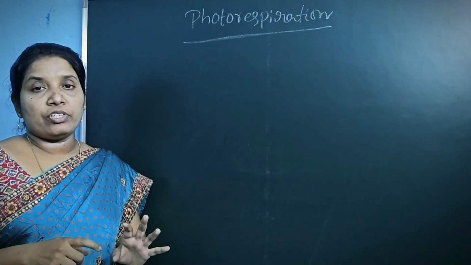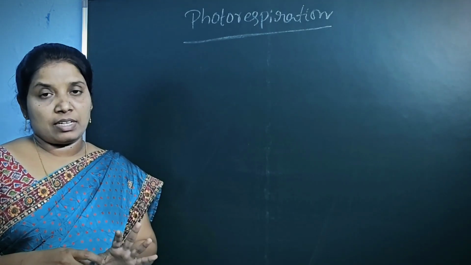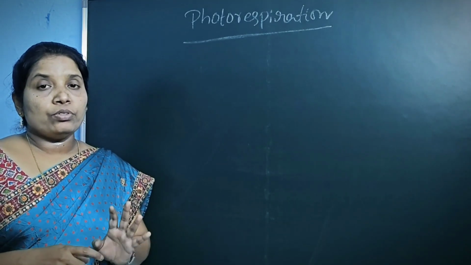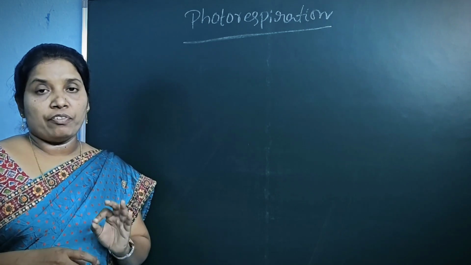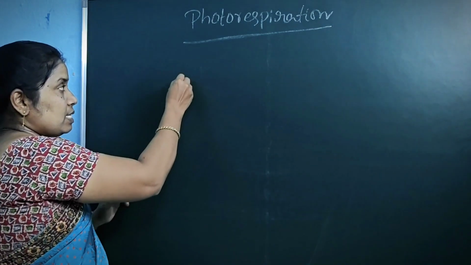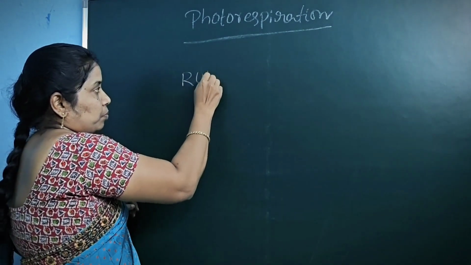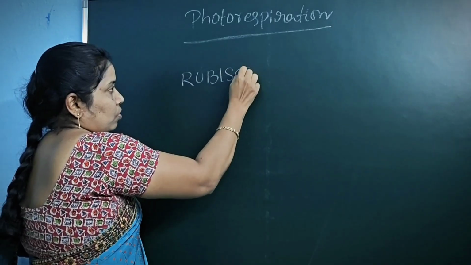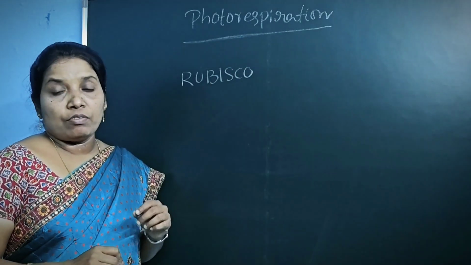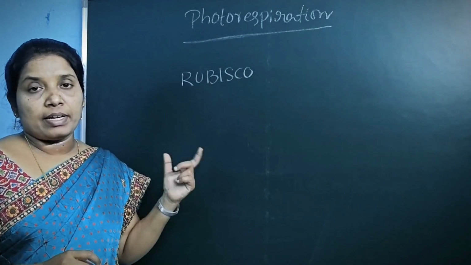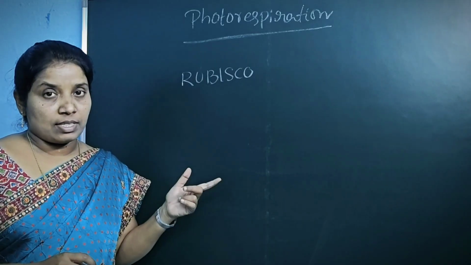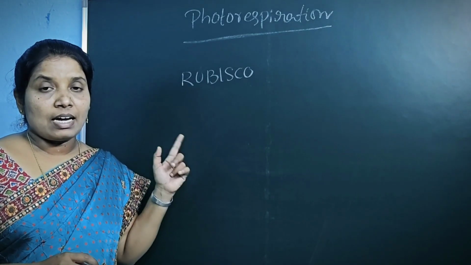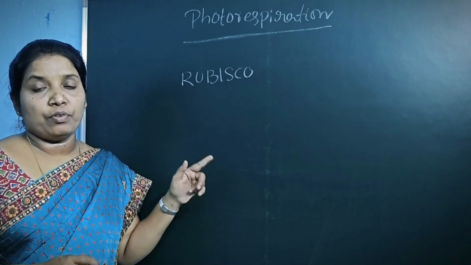Photorespiration is generally reported in C3 plants due to the dual nature of the RuBisCO enzyme. So let's see what RuBisCO is, which is an abundant enzyme responsible for photosynthesis. It fixes the atmospheric carbon dioxide, we know that.